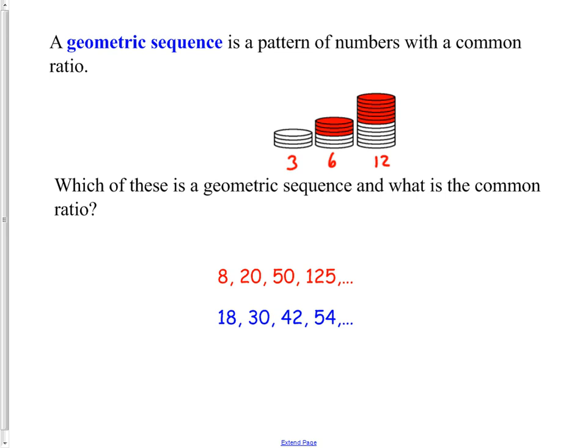So basically here, 20 divided by 8, 20 over 8 would reduce, taking a 4 out of both, to 5 halves. So I'm multiplying the previous number by 5 halves. Would that work? 8 times 5 halves would be 40 over 2, which is 20. 20 times 5 halves would be 100 over 2, which is 50. So we do have the pattern.